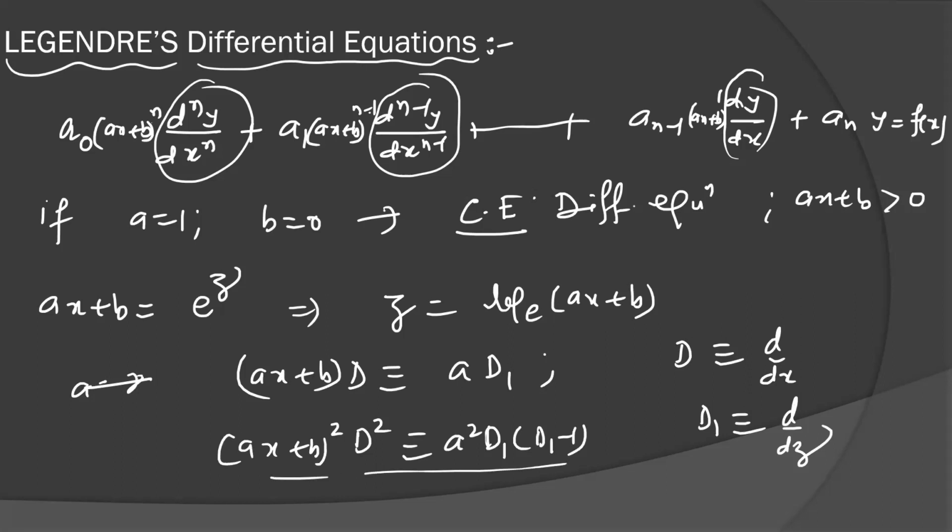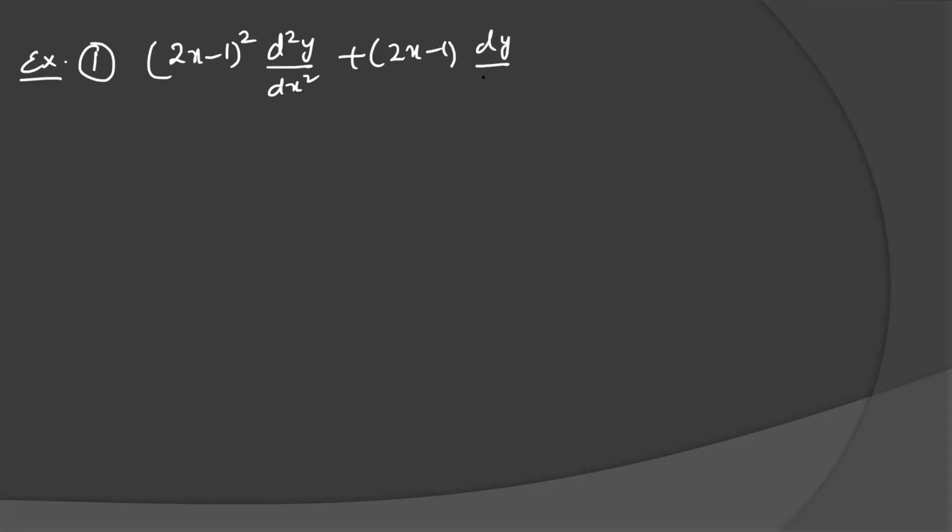So let's see an example based on the Cauchy-Euler differential equation. I'm giving two examples here. You can try them by yourself. One I will discuss here. First: (2x minus 1) whole square d2y by dx2 plus (2x minus 1) dy by dx minus 2y is equal to 8x square minus 2x plus 3.